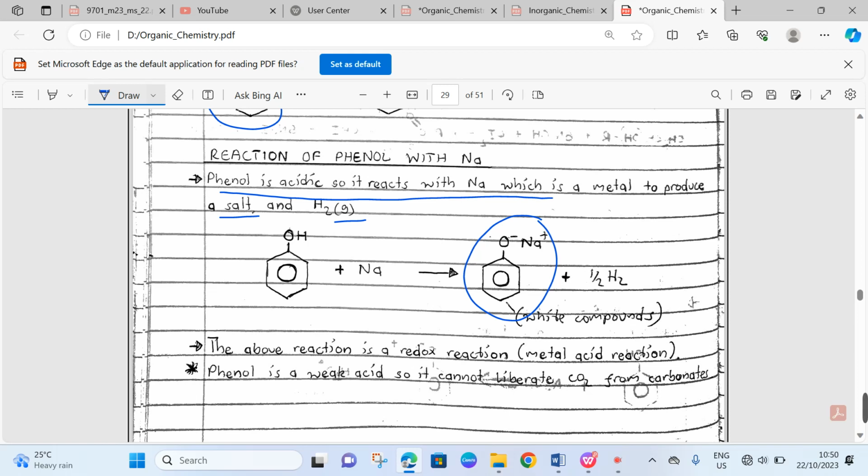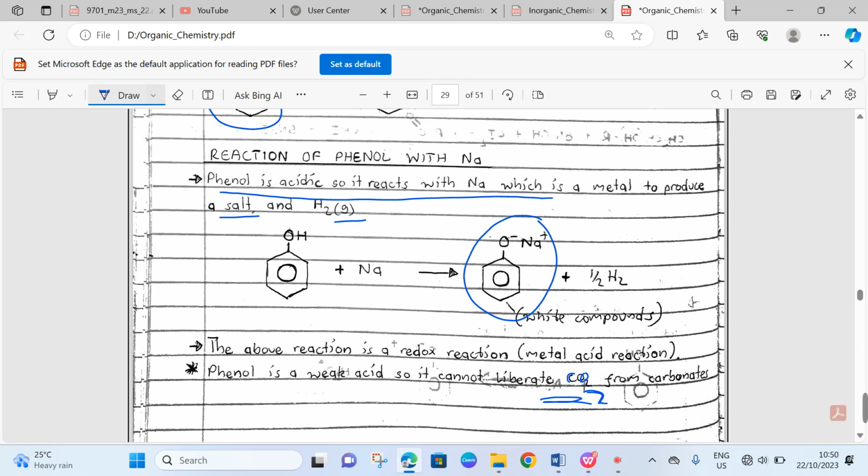And also, phenol is a weak acid, so it cannot liberate carbon dioxide, CO2, from carbonates.